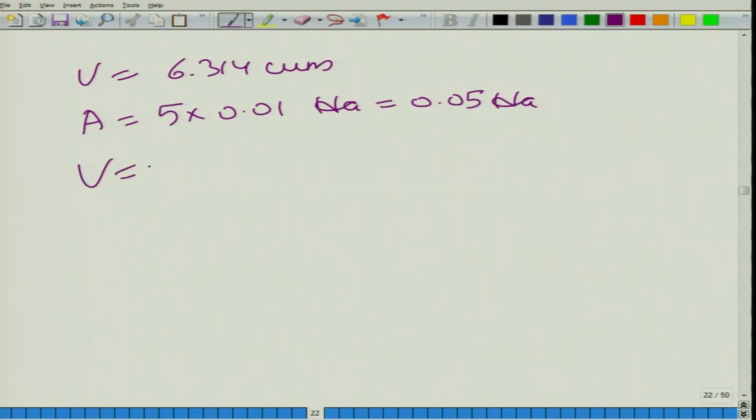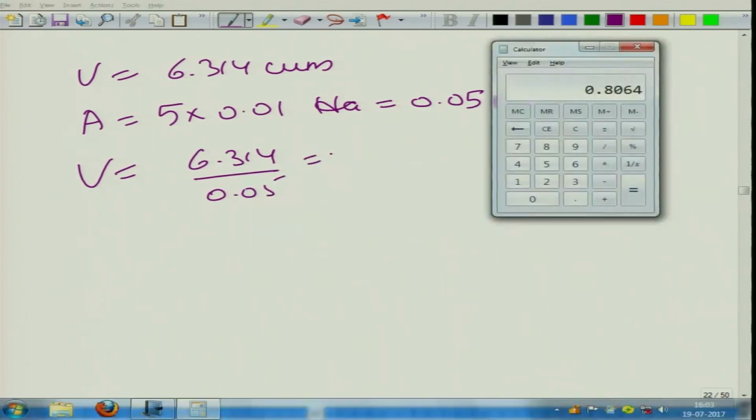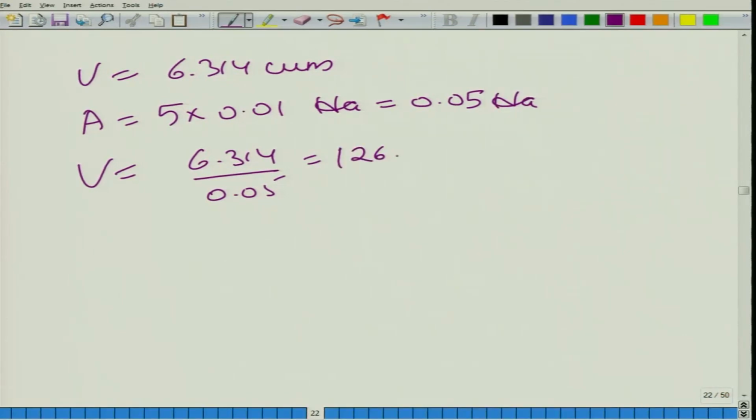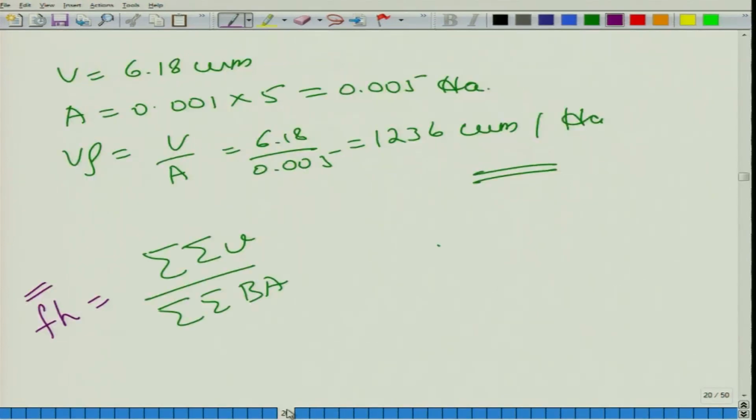What is the volume density that we will get here? It will be 6.314 divided by 0.05, which is equal to 126.28 cubic meter per hectare.